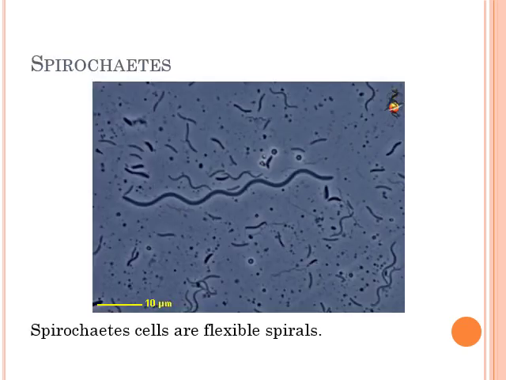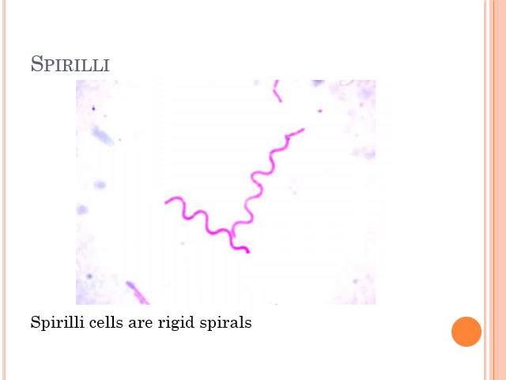Spirochetes are flexible spirals. They're going to change shape under the scope as they move. Versus spirilli, which are rigid spirals. They're going to move but maintain that same spiral shape. Difference between a cooked spaghetti and an uncooked spaghetti.